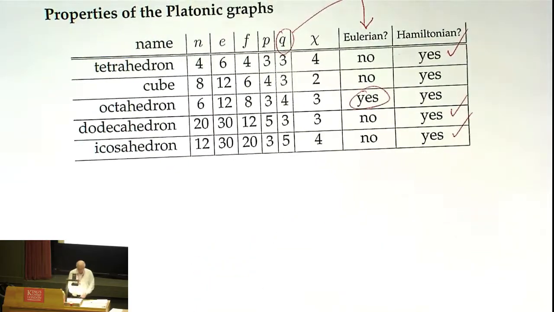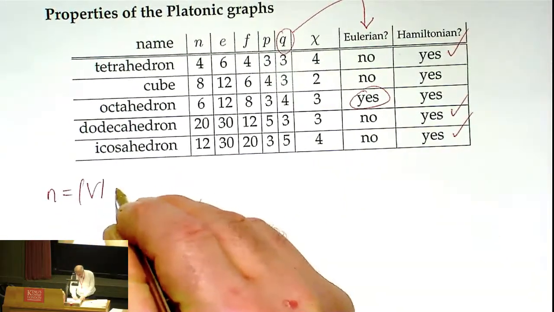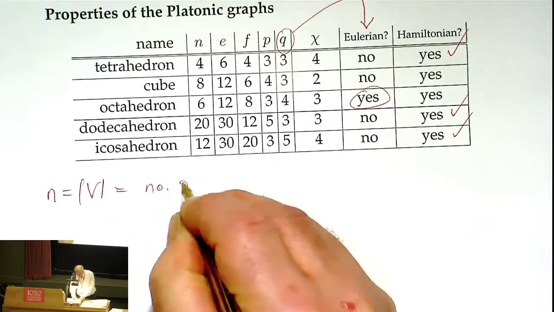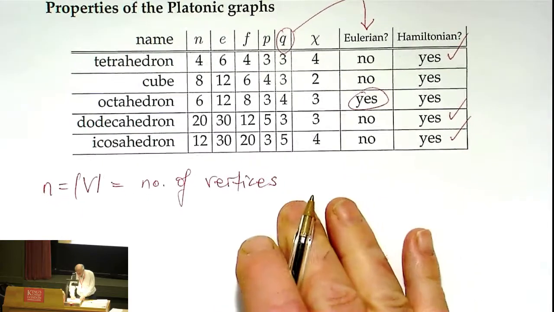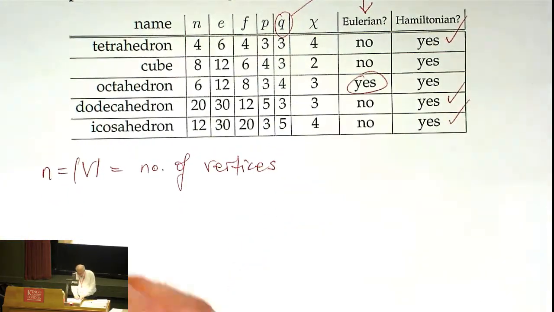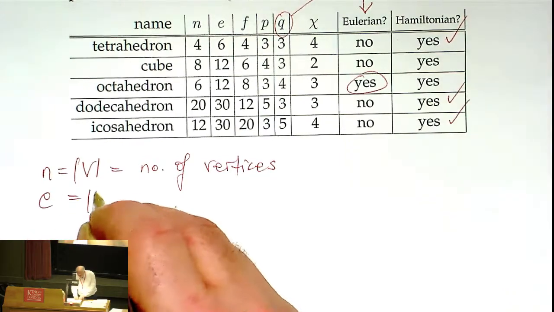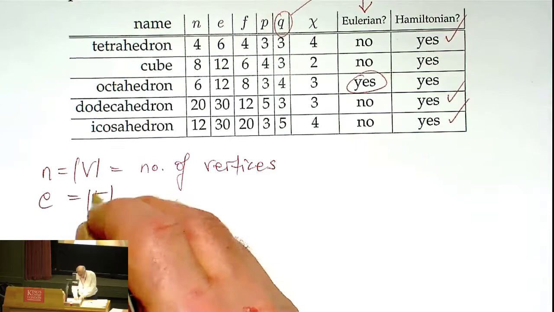So n is the number of vertices, I always use n for that. I use little e to be the number of edges. These are all simple graphs, so there's a set of distinct edges.